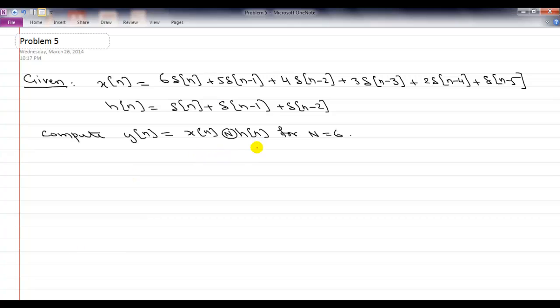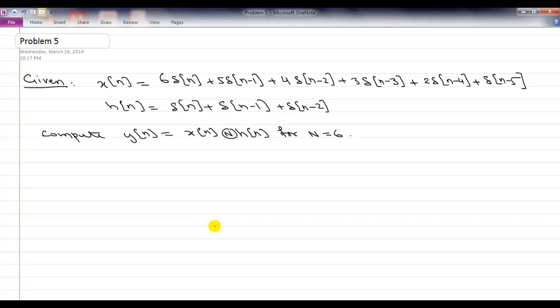This is a practice problem, again for circular convolution. This practice problem is a little more involved, so instead of using just the direct formula for circular convolution, it is better if we use our tabular method.